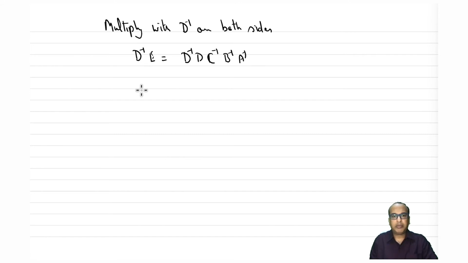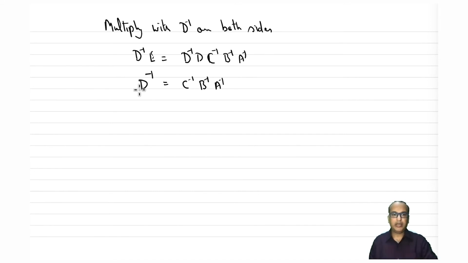Now I can skip this E, so I can just write D inverse. D inverse D will also be equal to E, so that also is not to be written. C inverse, B inverse, A inverse. So E is like mathematical 1, which is not required if you are writing in multiplication, right?